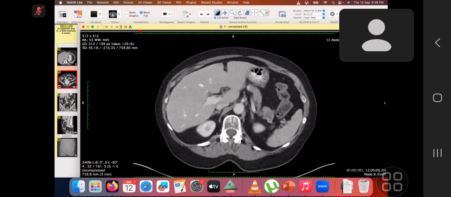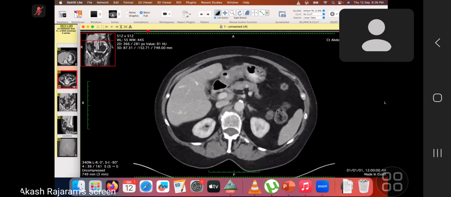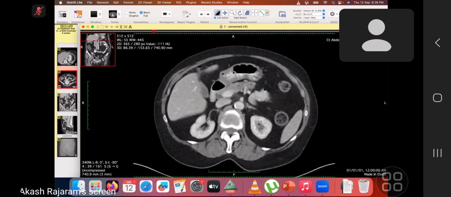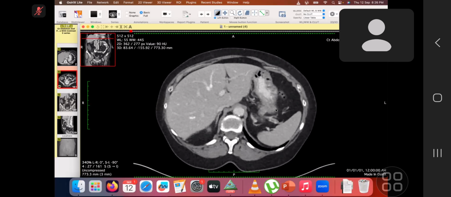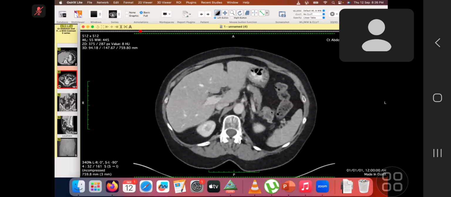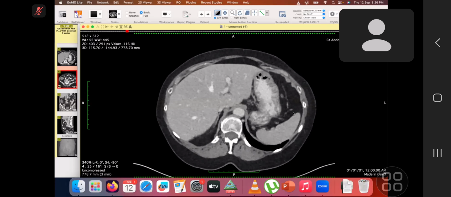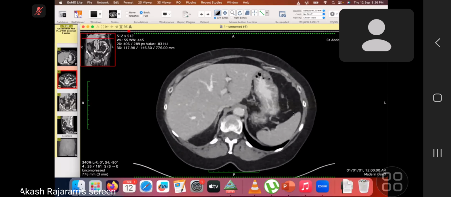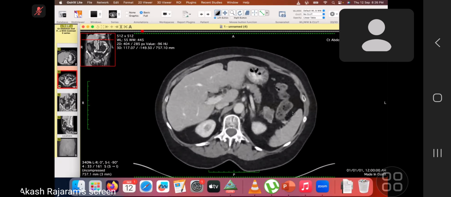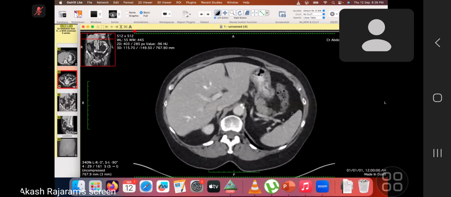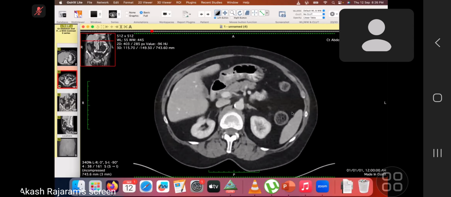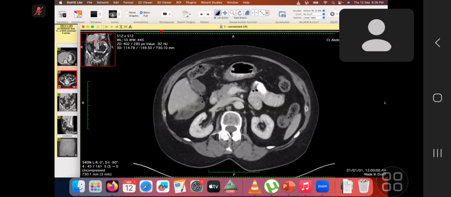Okay, I see that there is a relatively hypoenhancing mass corresponding to the tail of the pancreas, just partially encasing the splenic vein, but the vein is still patent.